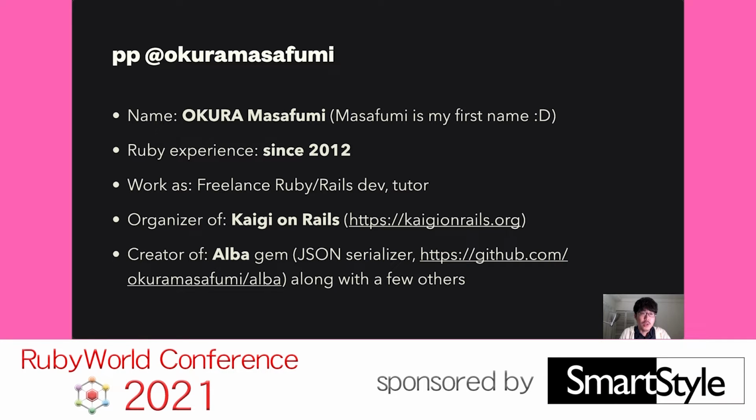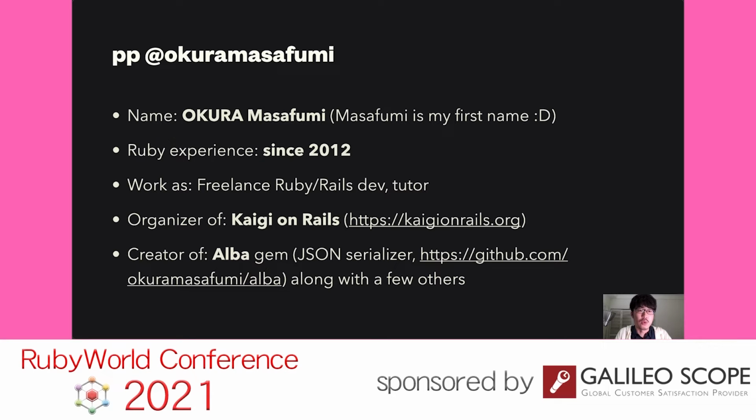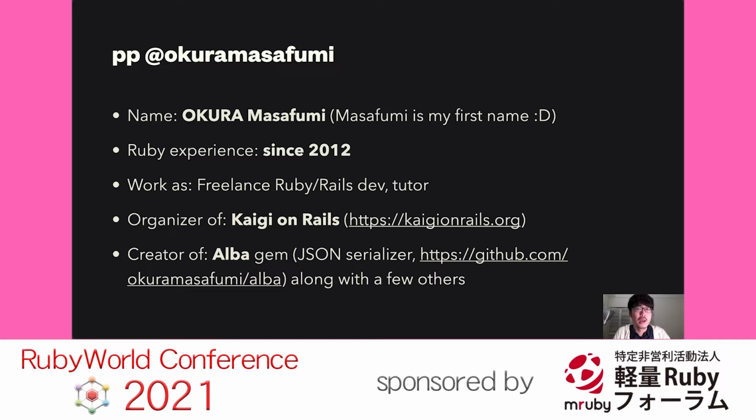So you might be wondering who I am. My name is Okura Masafumi. I started using Ruby in 2012, and from 2013 I've been working with Ruby. I'm a freelance Ruby on Rails developer. These days I'm putting much effort into the Kaigi on Rails project, a technical conference focusing on Rails.